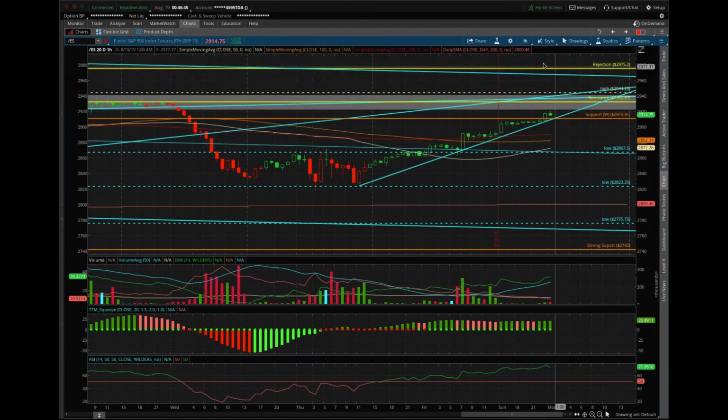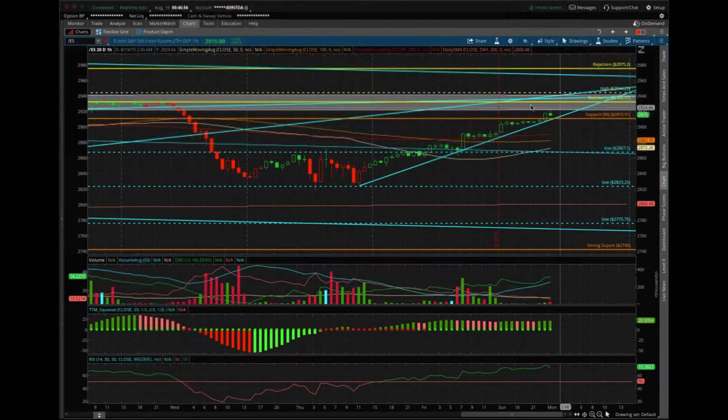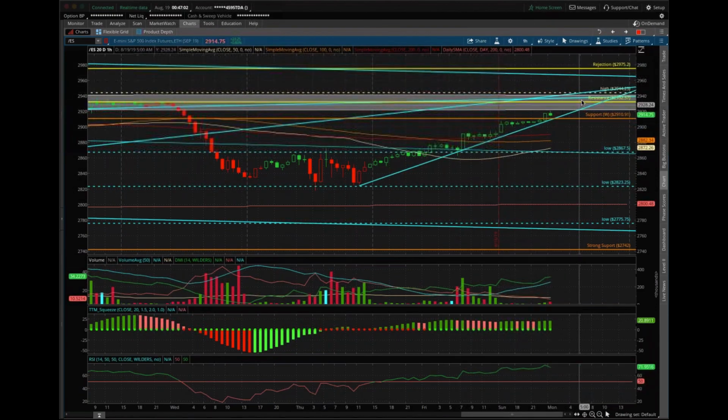The 2975 and 3000. It could consolidate here for a little bit, but this is in a potential rising wedge pattern. Not the cleanest one, but a potential one. So if this hits that resistance and doesn't want to get through, then it's going to end up just breaking down.